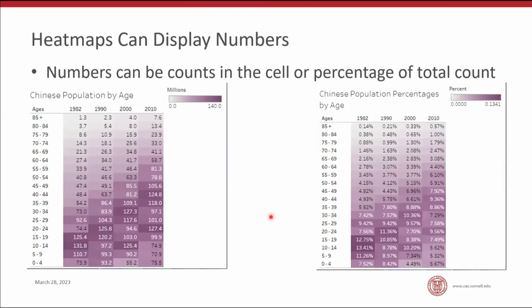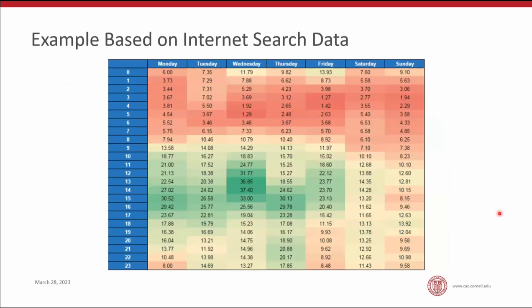You can show numbers in your heat maps to add value. The numbers can be either the absolute, or again, they could be just percentages of the whole. As an example of a real world heat map, I don't like the colors they chose here. This was some internet search data showing the times of day when people were performing more searches.